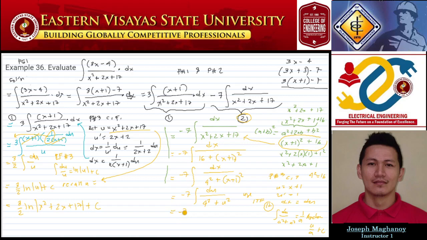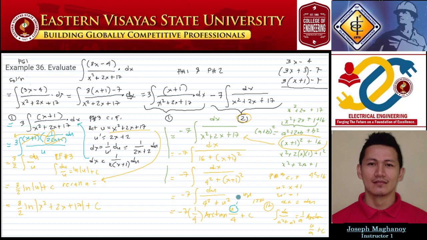So negative 7, 1 over a, 1 over 4 arctan u over a, or 4 plus c. Then we recall our u.